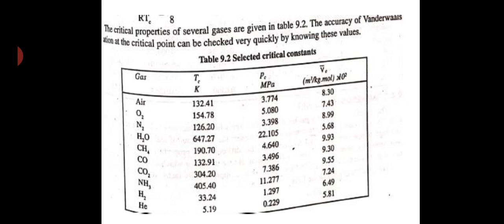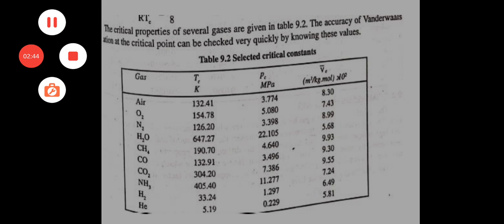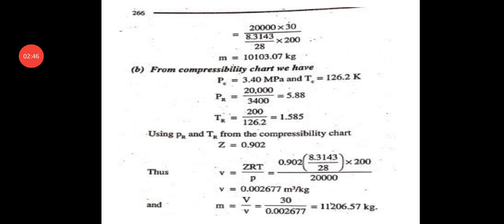So we will use these relations. For nitrogen, the critical properties we have seen are 126 Kelvin as the critical temperature and 3.4 megapascal as the critical pressure. Reduced pressure is actual pressure divided by critical pressure.